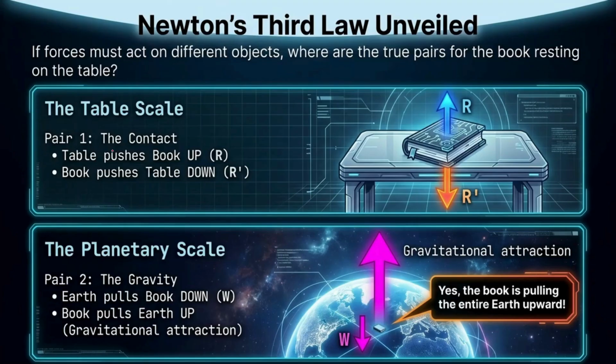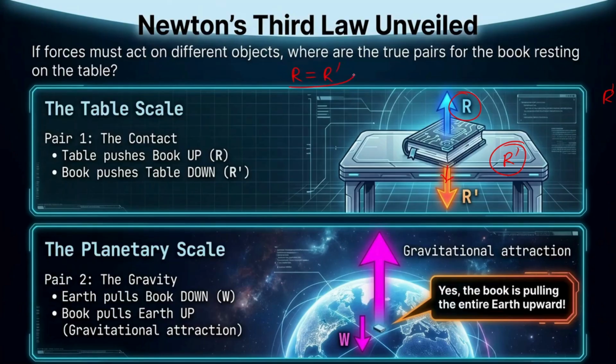For the first pair, consider the book lying on the table. The book exerts some force on the table, which is R prime, and at the same moment the table is also pushing the book in the upward direction, which is called R.